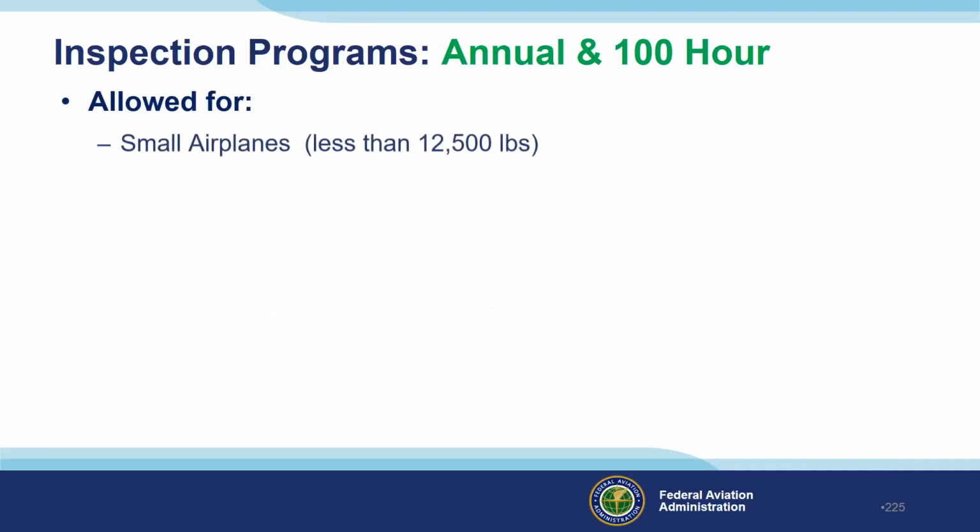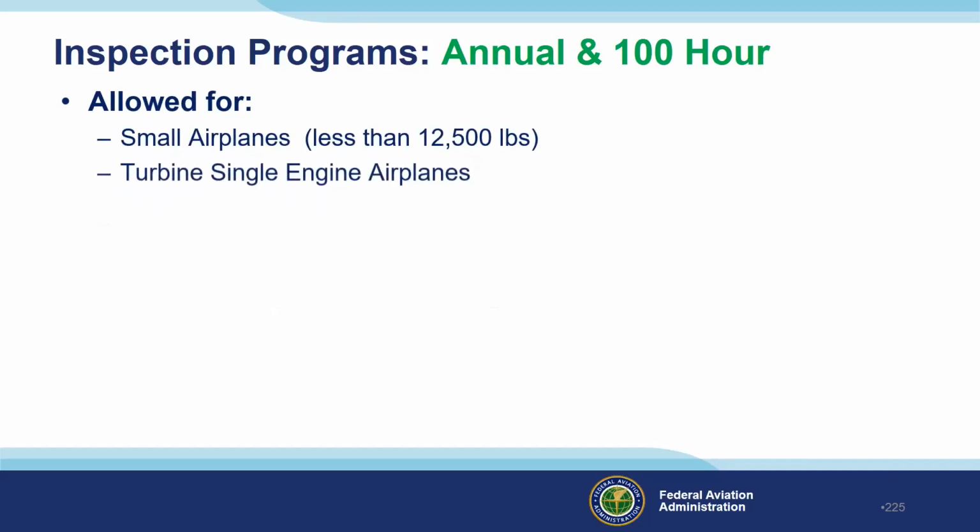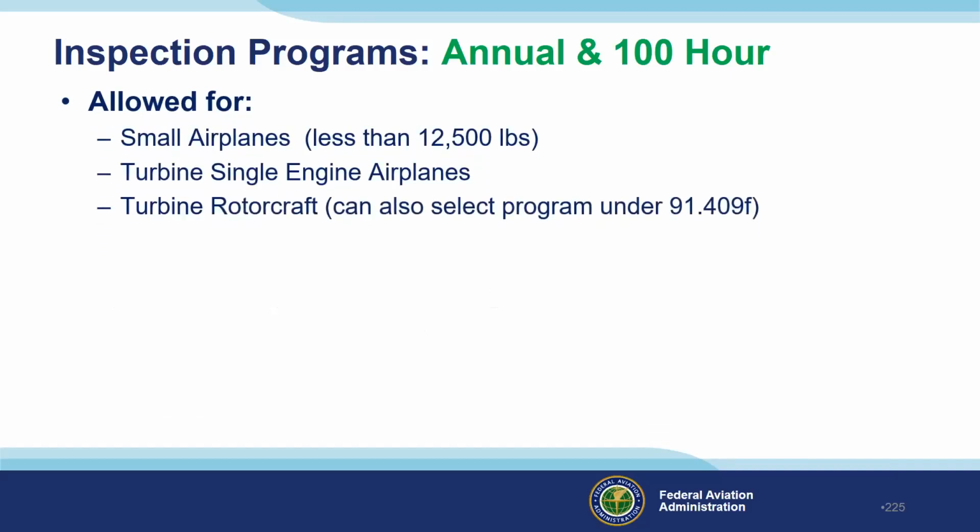Based on the size and type of aircraft, the annual and 100-hour inspections are required or allowed for small airplanes, turbine single engine airplanes, turbine rotorcraft aircraft. They can also select an inspection program under 91.409(f).